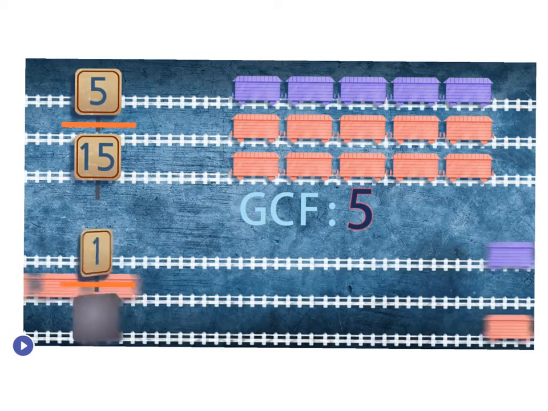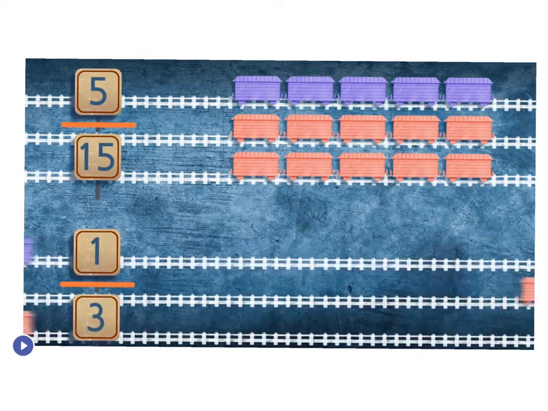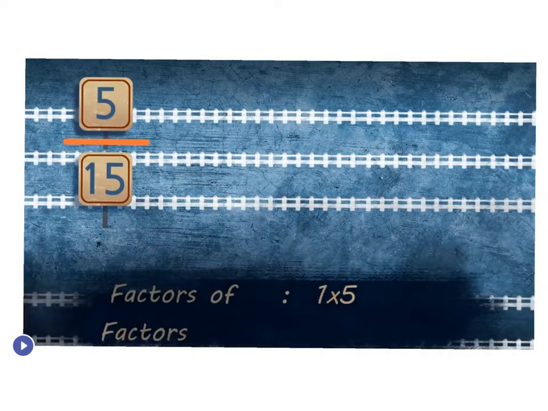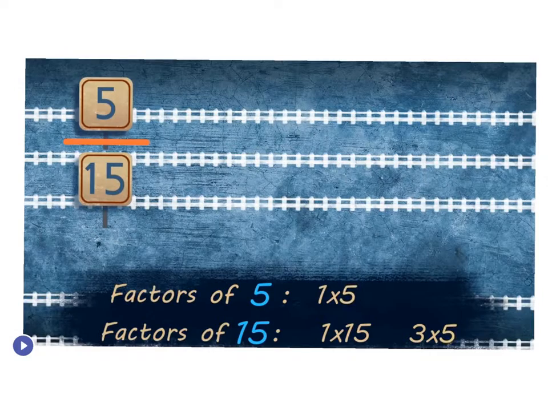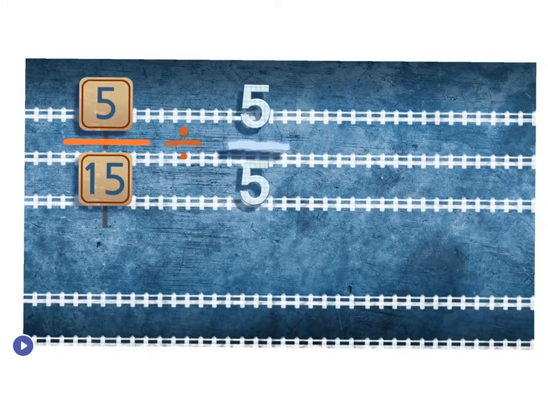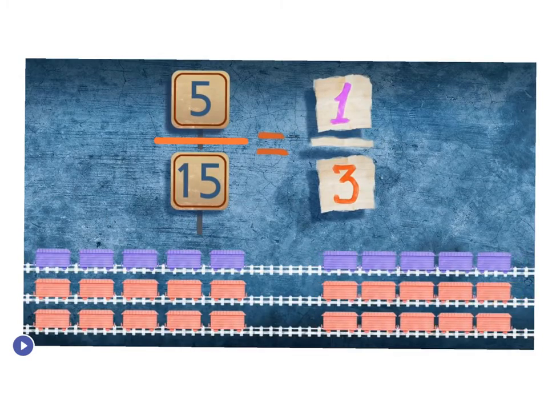So divide both by 5. Get 1/3 in lowest terms. To convert to the simplest form, we have to find the greatest common factor. Then take the numerator and denominator and divide them by that common factor.